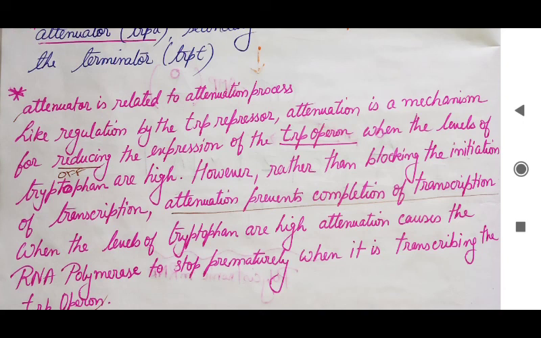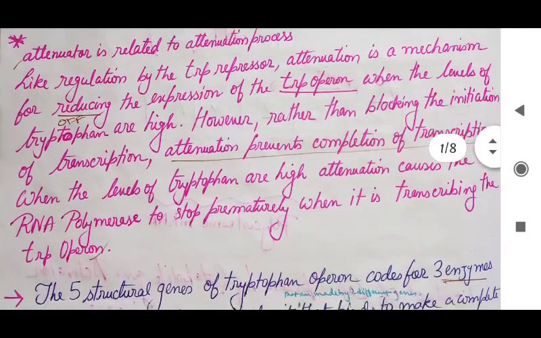So by the attenuation process, they prevent the completion of transcription. It will cause the RNA polymerase to stop prematurely when it is transcribing the TRP operon.